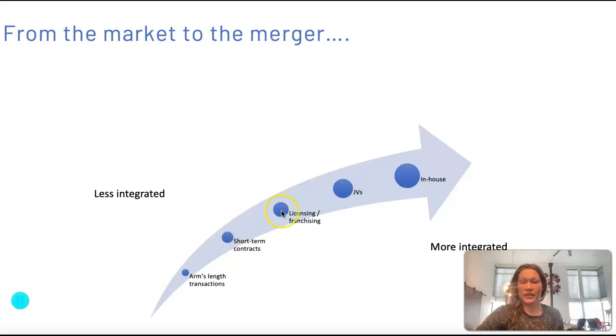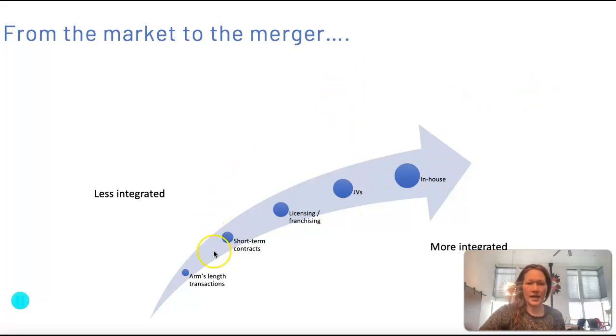There are progressively deeper forms of integration: short-term contracts, licensing or franchising arrangements, joint ventures, or taking an equity stake in a company, or taking a capability in-house, either by developing it organically or by acquiring a company that already plays in an industry that you're interested in or has the capabilities and resources in that industry.